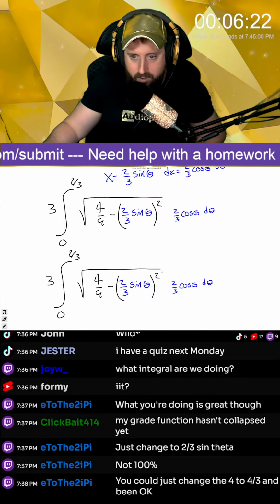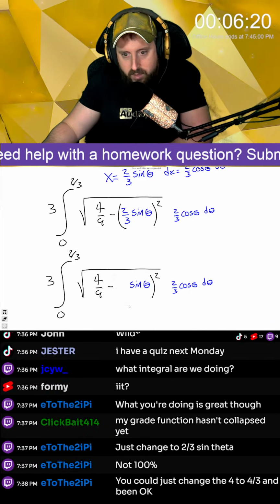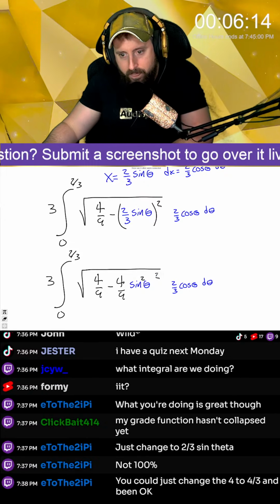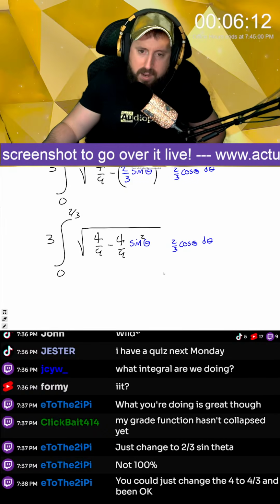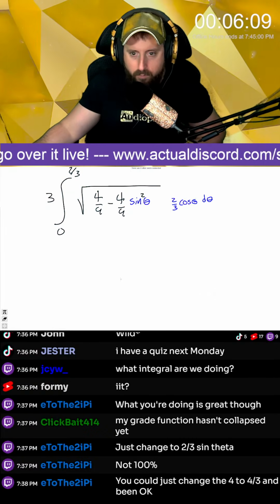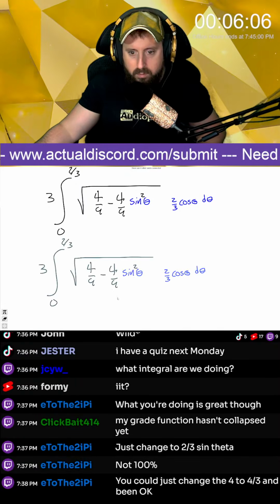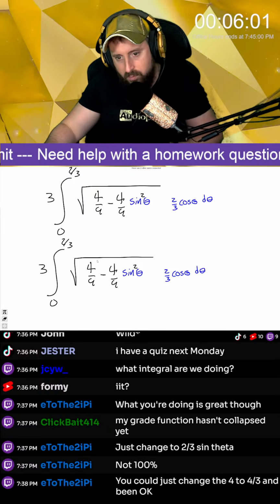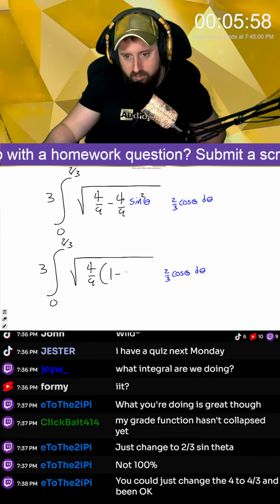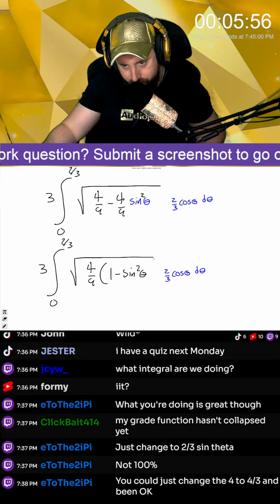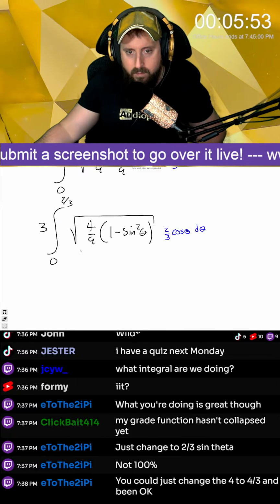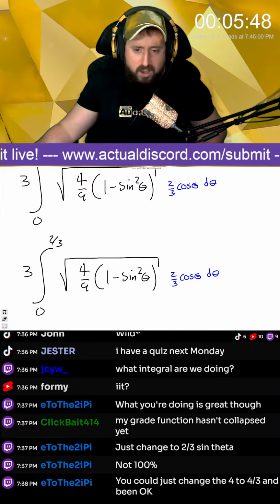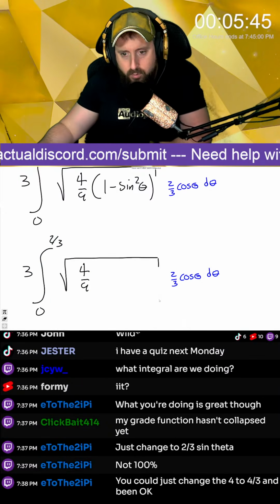Okay. Squaring this inside, this now becomes 4 over 9 sine squared theta. Which now you can pull the 4 over 9 out. So I'm going to say that's the same thing as 4 over 9 times (1 minus sine squared theta), which now is equal to cosine squared theta.